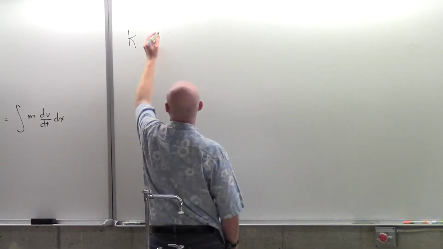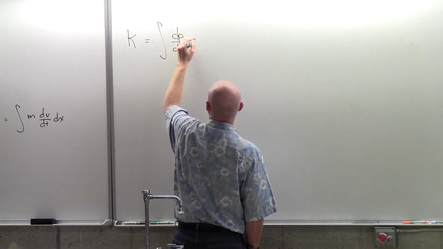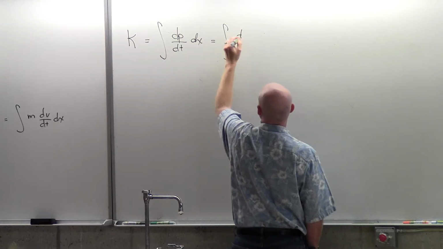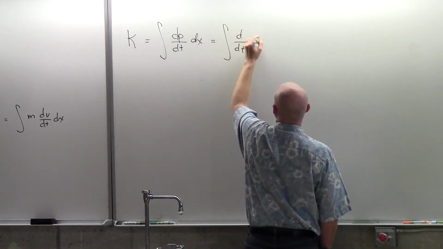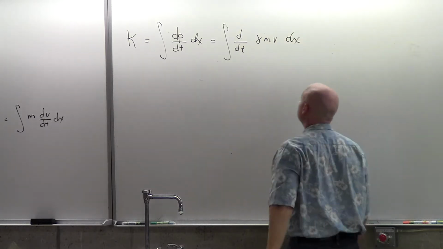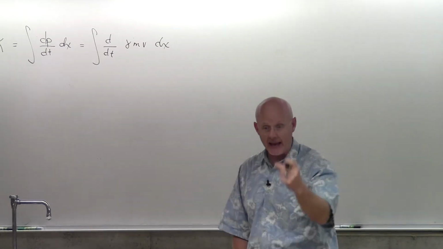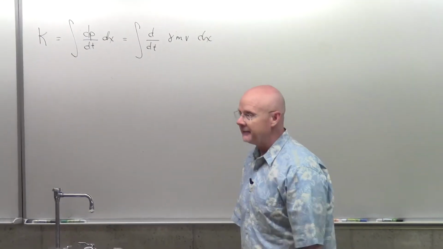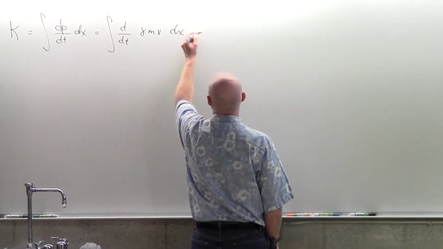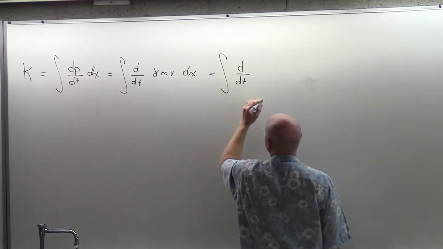What should it be? Well, I guess it should be the integral of dp/dt dx. The thing that's dramatically different is that I don't just have a v, I have a gamma, and a gamma has a v in it also. So this would be a derivative.